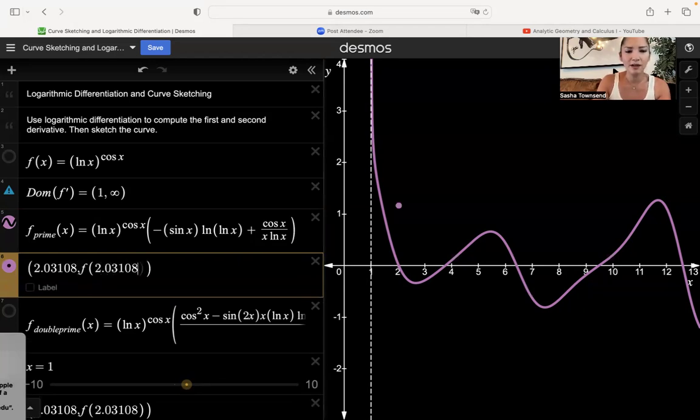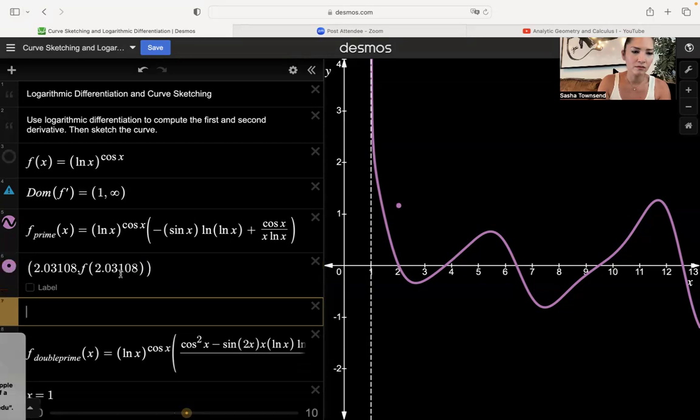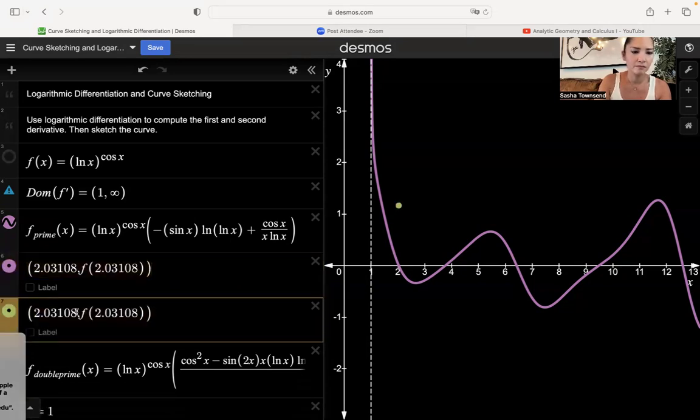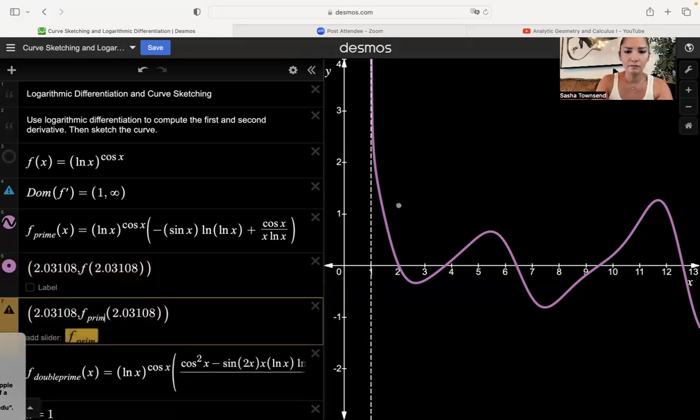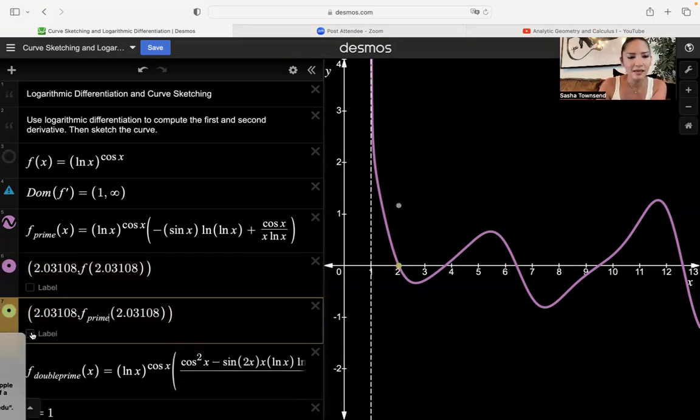And if you want, you can evaluate the first derivative there. So we see that the first derivative is 0 at that location, and then the function value is that function value. The function value is that 1.165.